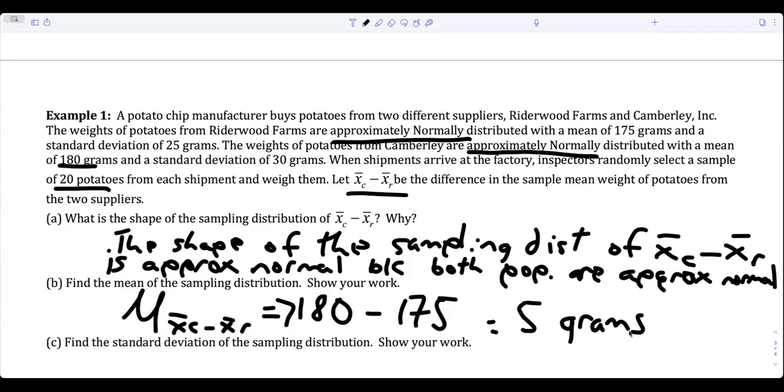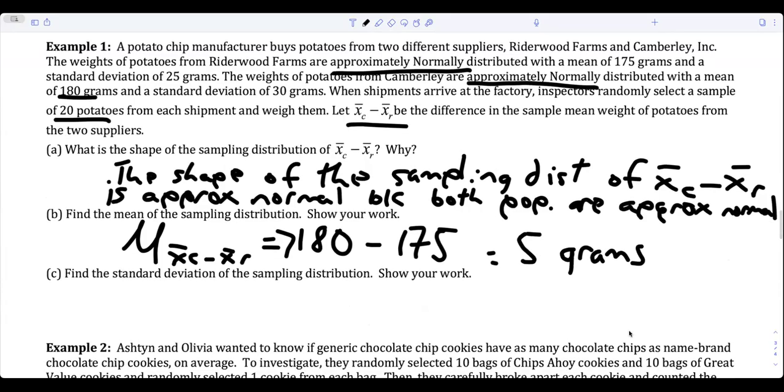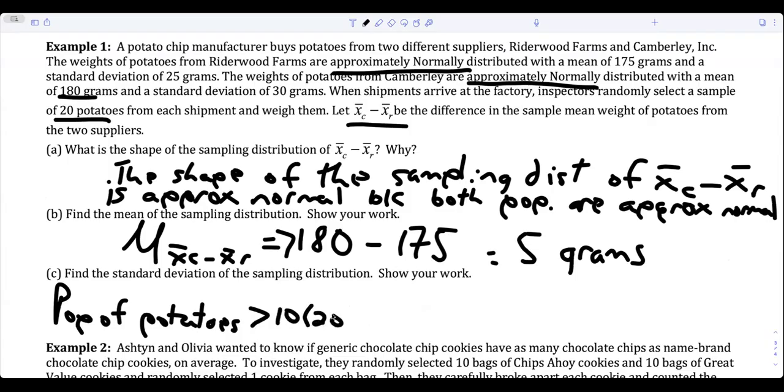Part C says, find the standard deviation of the sampling distribution and show your work. Well, I'm going to check that the population of potatoes is greater than 10 times 20, and that is a reasonable assumption.